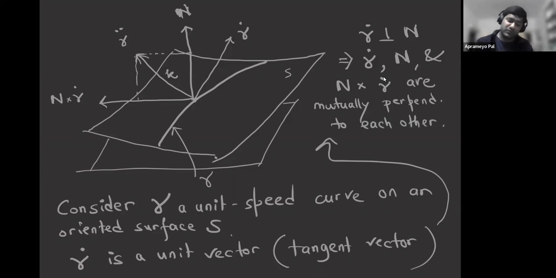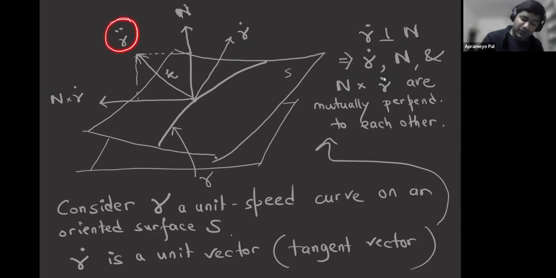Let's think a bit about this for a second. By definition, n is perpendicular to gamma dot. And n cross gamma dot is by definition perpendicular to both of these, right? So gamma dot, n and n cross gamma dot are mutually perpendicular to each other. So now essentially we have covered R3.